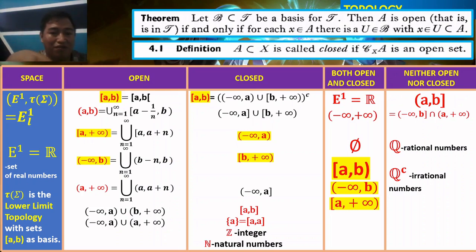A minus 1 over n and then B, where n is from 1 to positive infinity. Tama? So, actually magkagamay imong i-minus ni A. So, class, dili gid siya maabot ni A. Tama?